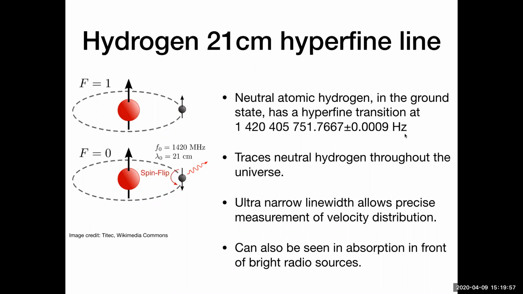This is not purely an emission line. If you have a line of sight towards a very bright continuum source, you can sometimes see hydrogen absorption, particularly if you have dense, cold clumps of neutral hydrogen that tend to produce stronger absorption features.